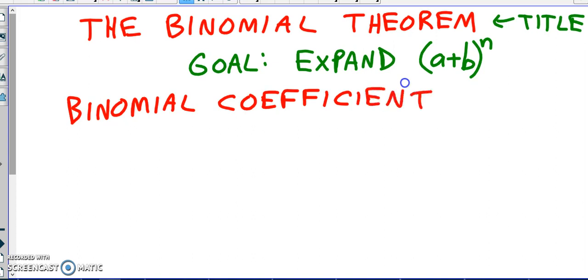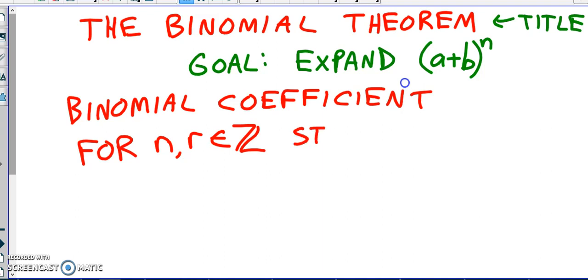It's basically a coefficient that goes with the binomial expansion. So for n and r in the integers, such that n is greater than or equal to r, which is greater than or equal to 0.